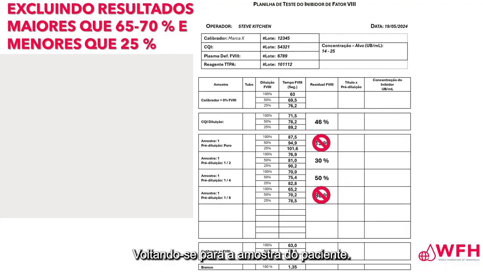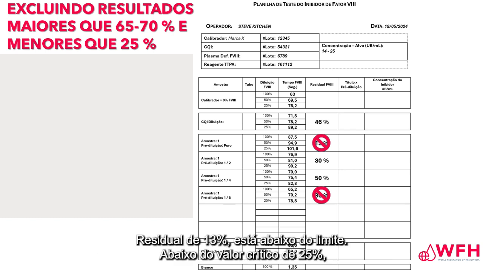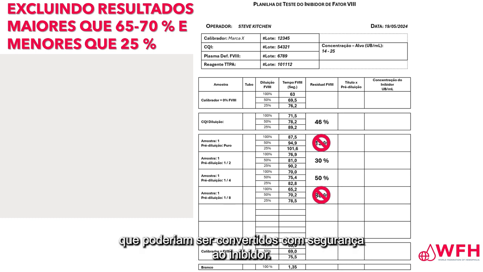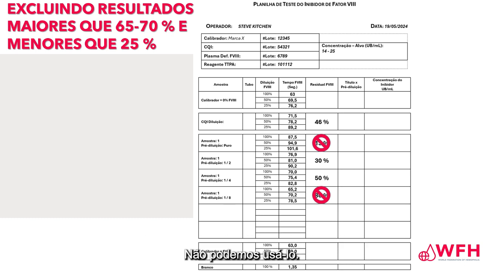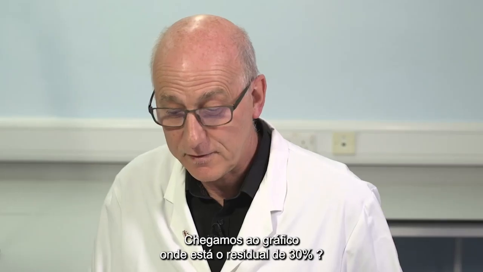Turning to the patient sample. When we tested this without pre-dilution, undiluted, 13% residual, it's below the limit, below that critical figure of 25, which could safely be converted to inhibitor. We can't use it. Second patient dilution, the one which was pre-diluted 1 in 2, 30% residual. We come to the graph.